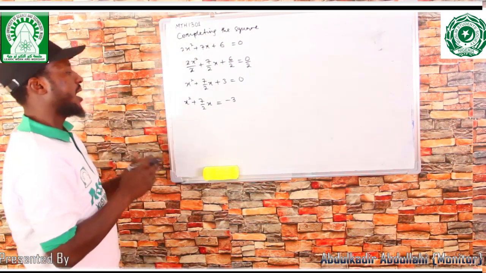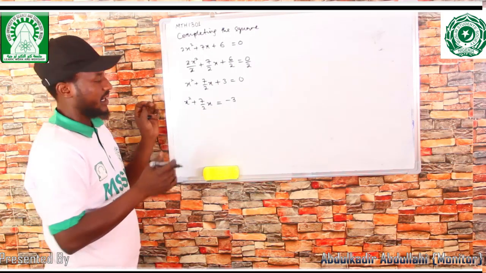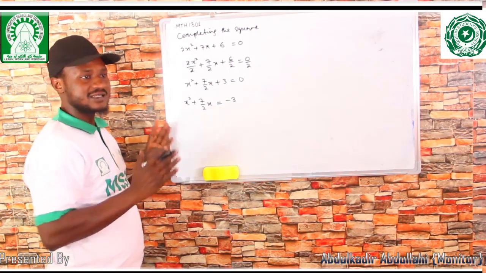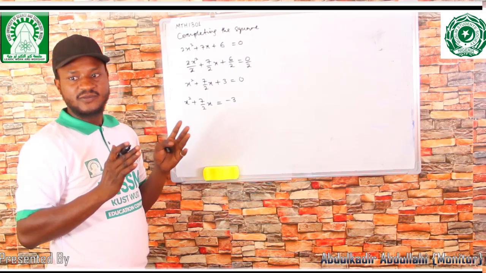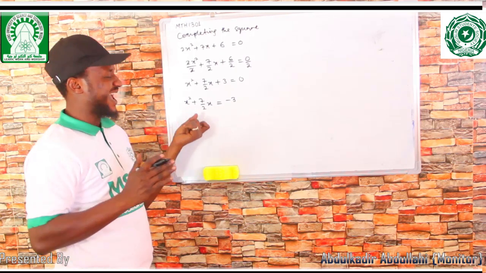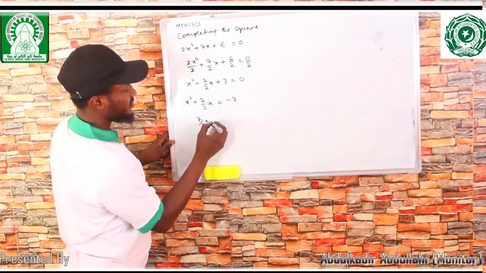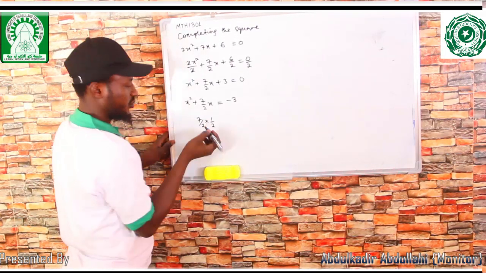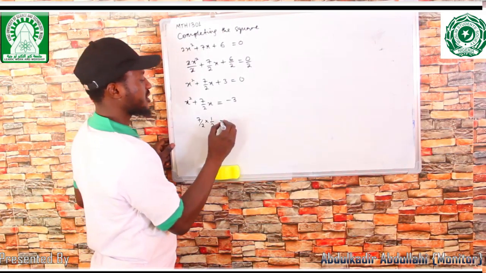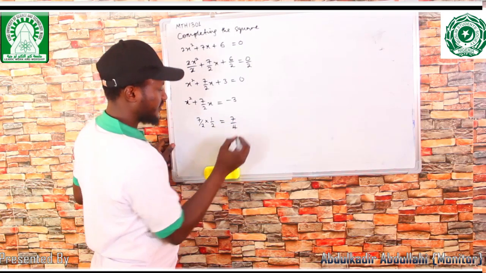Now, the next thing is to find the constant: multiply the coefficient of x by 1 over 2. The coefficient is 7 over 2, and multiplying it by 1 over 2 gives 7 over 4.